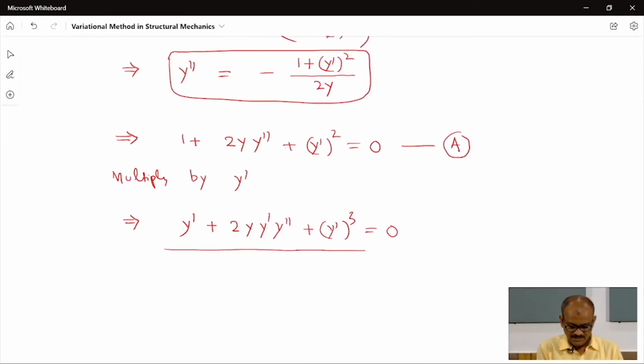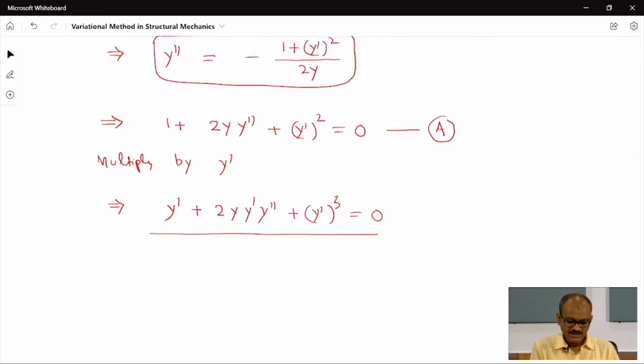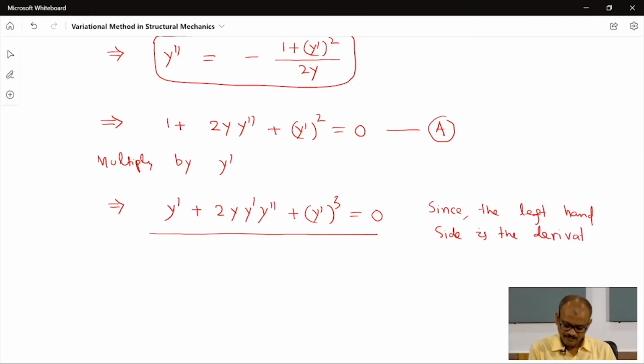This is what? Since the left hand side is the derivative of y plus y into y dash square, the derivative of this is this.